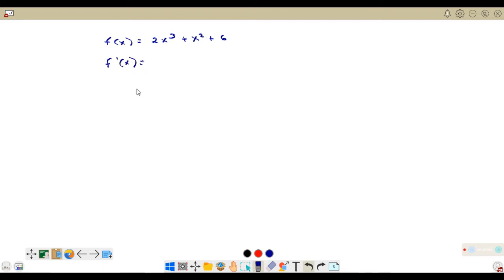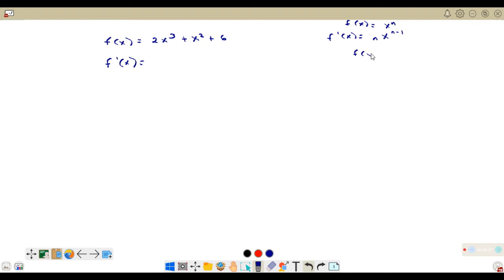To get the first derivative, what we followed before is: if you have f of x is equal to x raised to n, then f prime of x is equal to n times x raised to n minus 1.